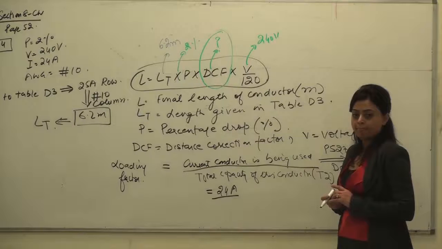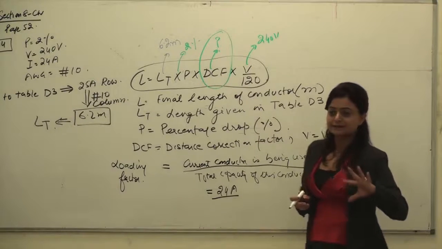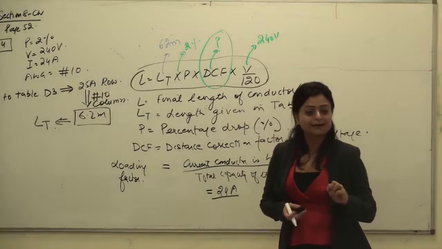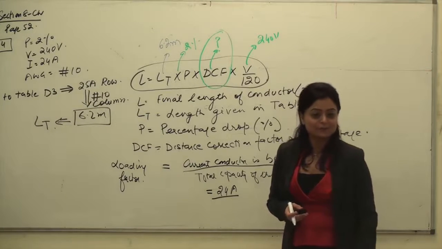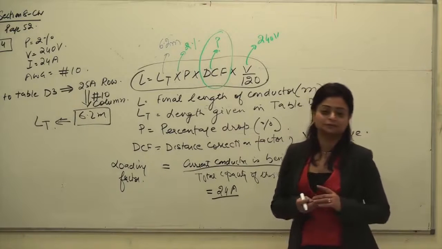Table 2, not D2, but 2. Not in appendix D, it's table 2, like table 1, 2, 3. So go to table 2, look for the 90 degree C column and find my answer for number 10.